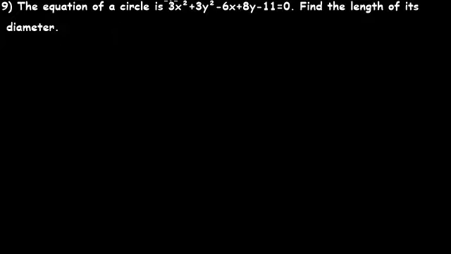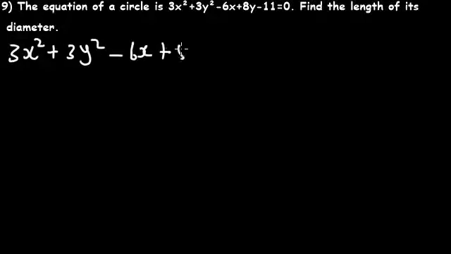Now, you can see the coefficient of the leading terms is not 1. So we need to divide all through by 3. So we have 3x squared plus 3y squared minus 6x plus 8y minus 11 equals 0.